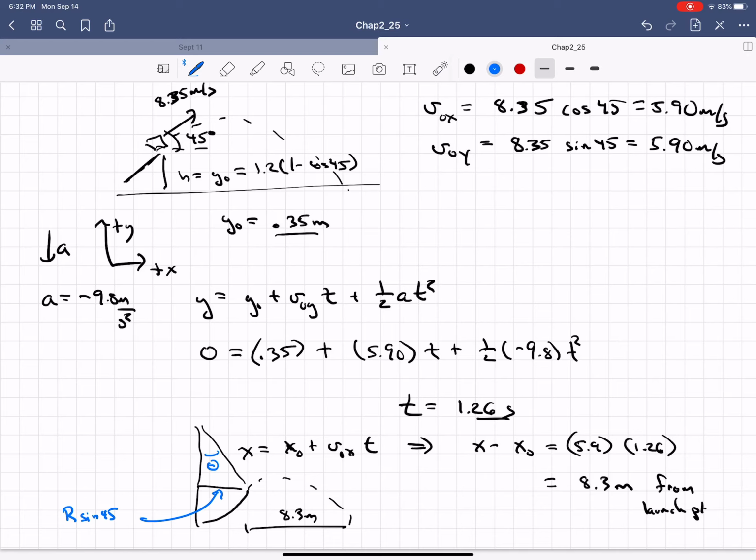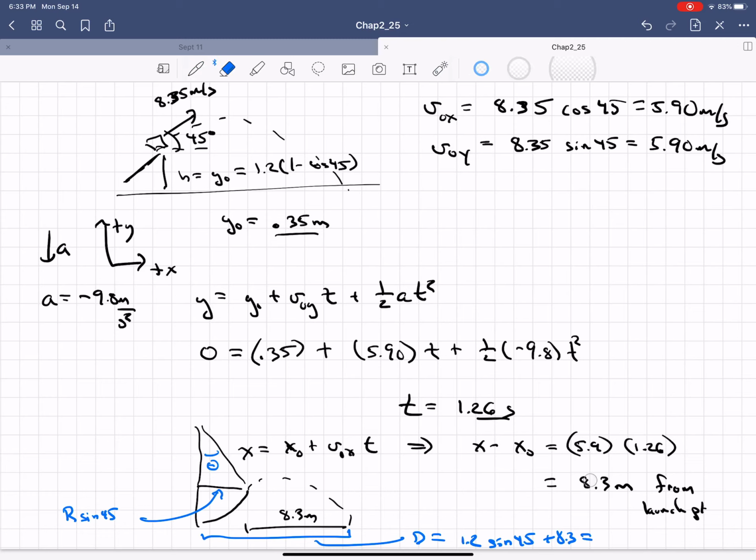And that works out to be, well, if I use my 1.2 times the sine of 45, this total distance would be 1.2 sine 45 plus 8.3, and that works out to be, no, I'm sorry, the whole thing worked out to be 8.3.